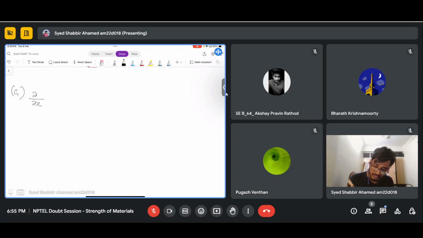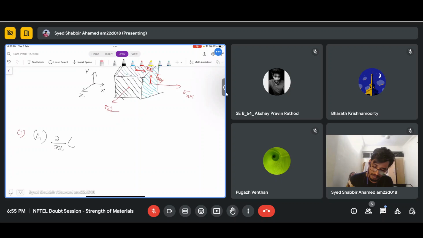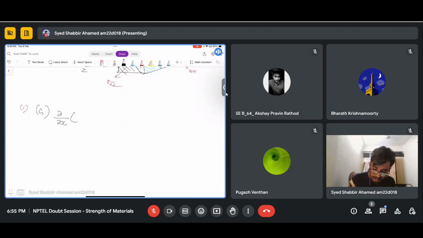So sigma xx is c1x plus c2y, and tau xy is c5x minus c1y, and the remaining things are 0.